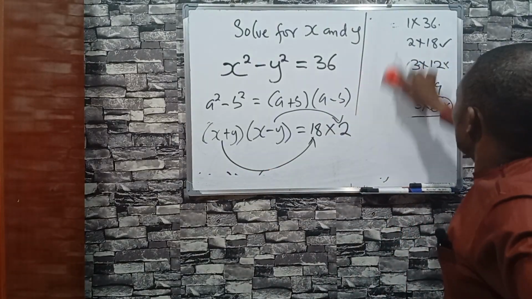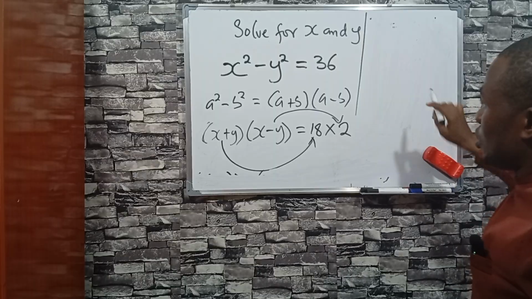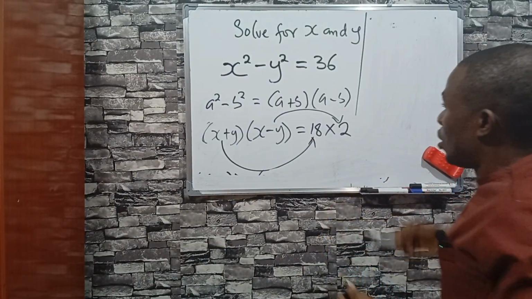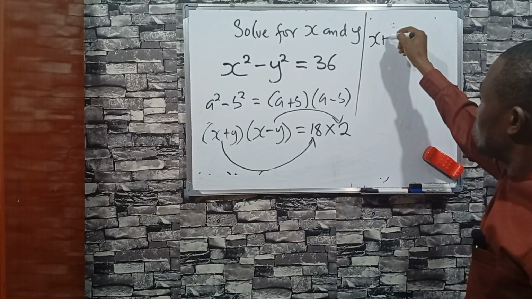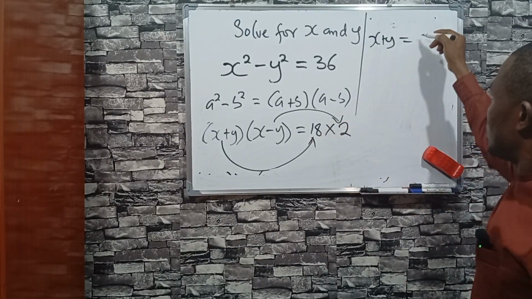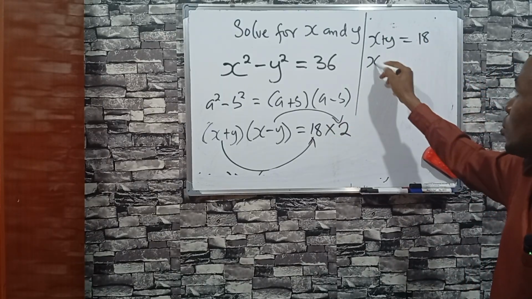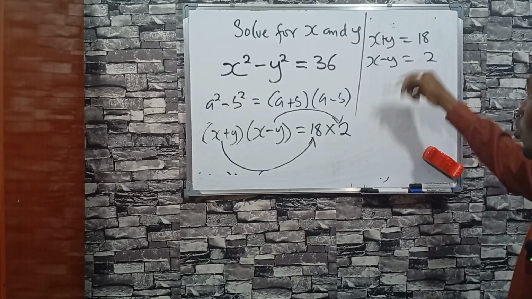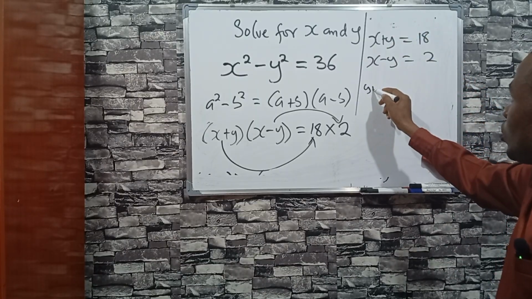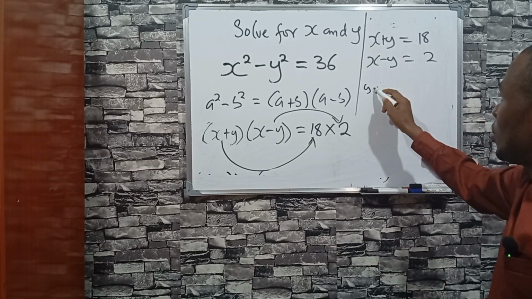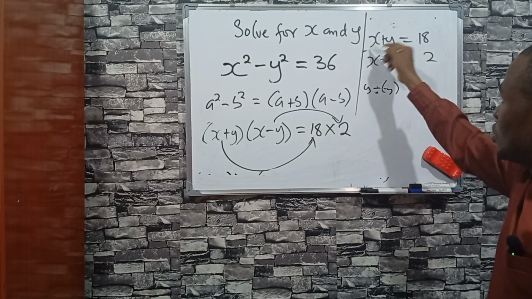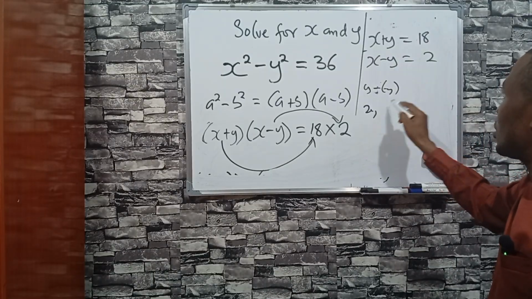So we solve the two equations simultaneously. We have x plus y equals 18 and x minus y equals 2. By subtraction, y minus y cancels and we have 2y.